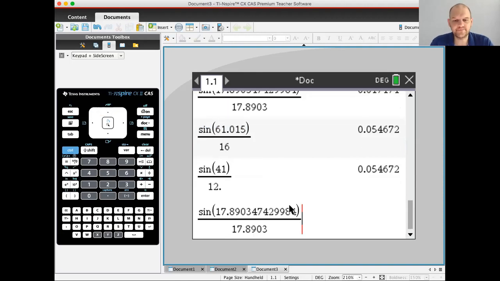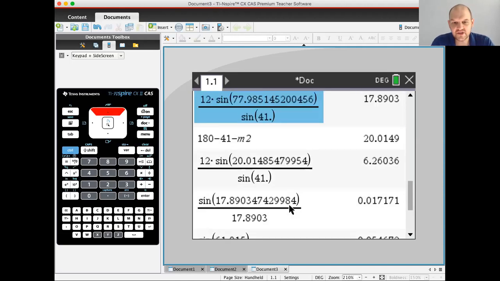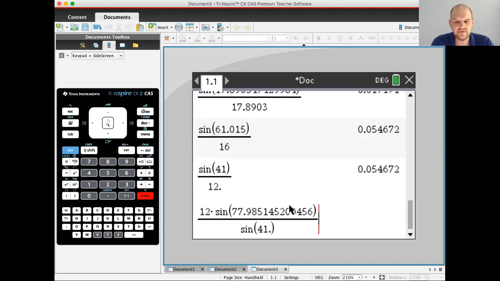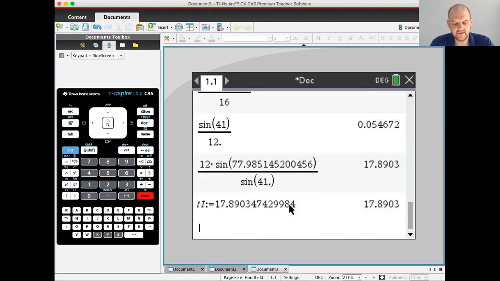I don't know. Yeah, I guess I could go up and store them. Let's do that. So 17.89-ish. Let's store this as T1, I guess. This will be that. And then T1 side, I guess.